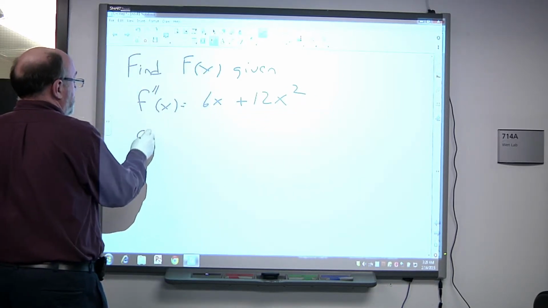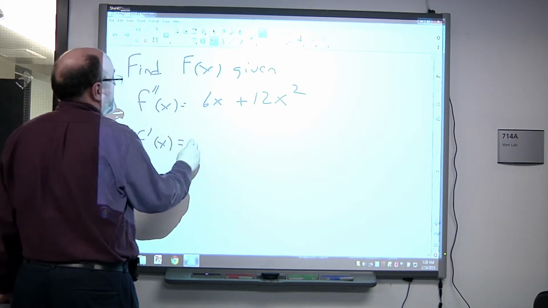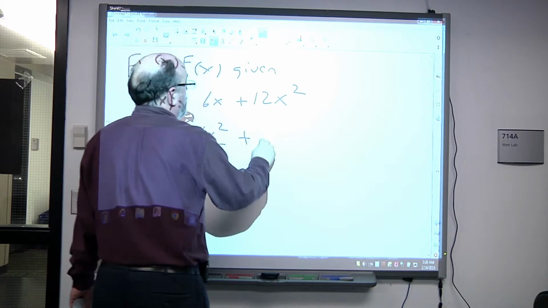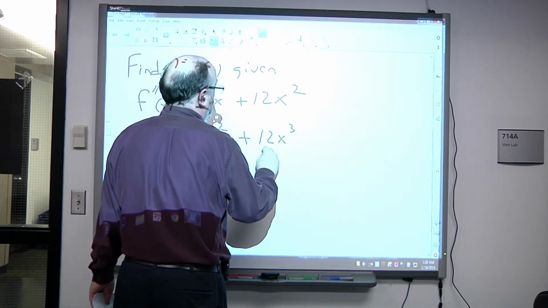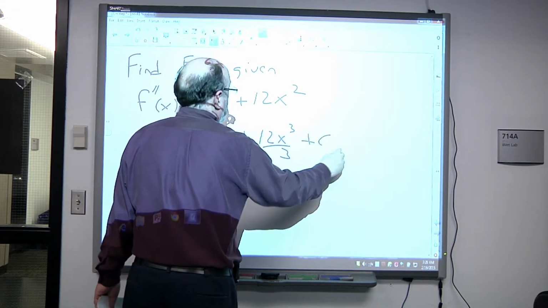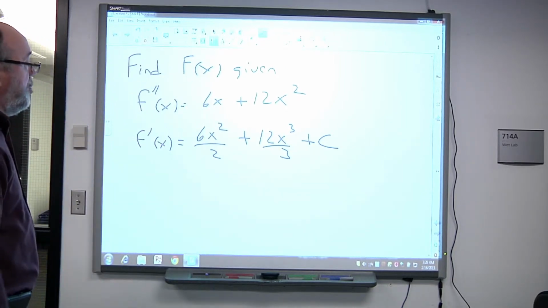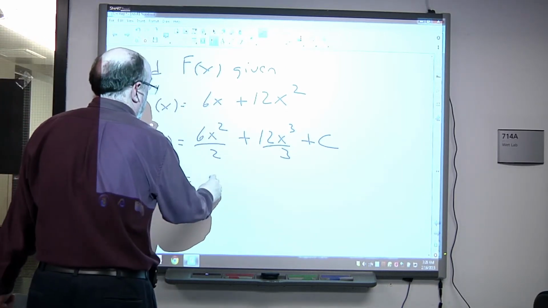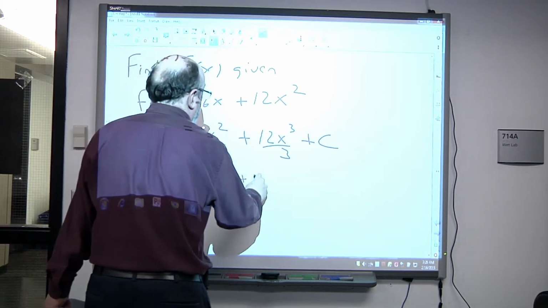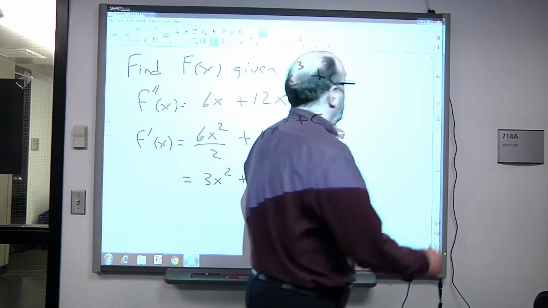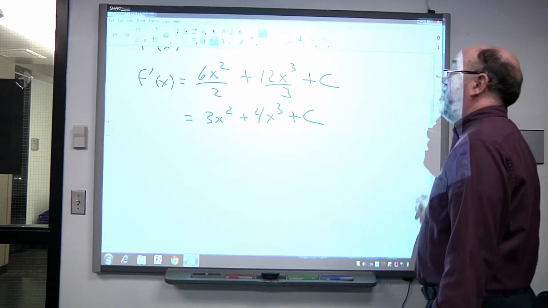So my first derivative, so now we're working our way back, is going to be 6x squared over 2, plus 12x cubed over 3, plus c, right? Because again, we don't know what that number was up there. So this becomes 3x squared plus 4x cubed plus c, right? That's the first derivative.